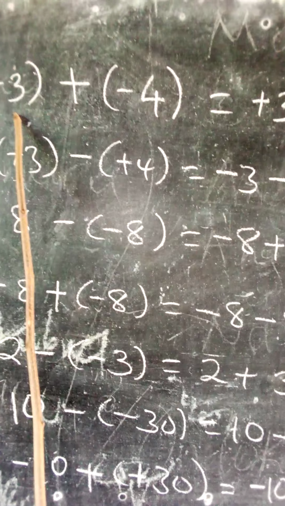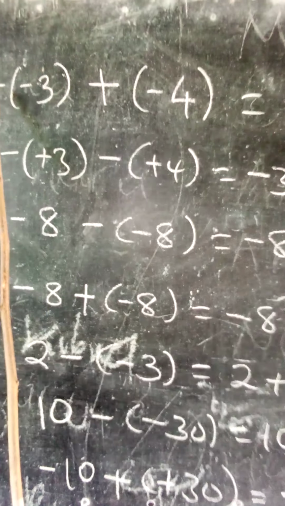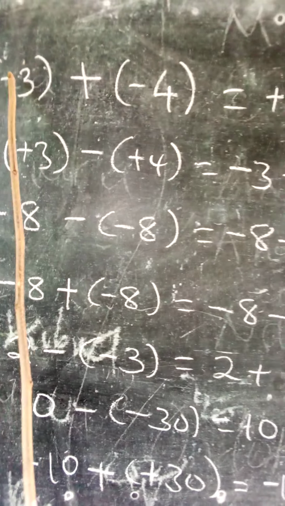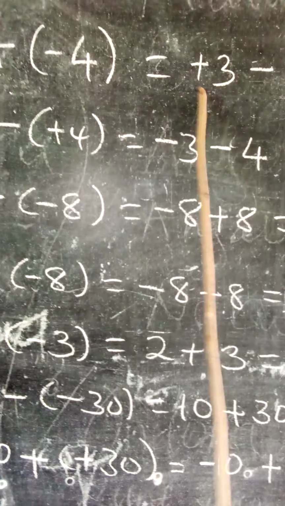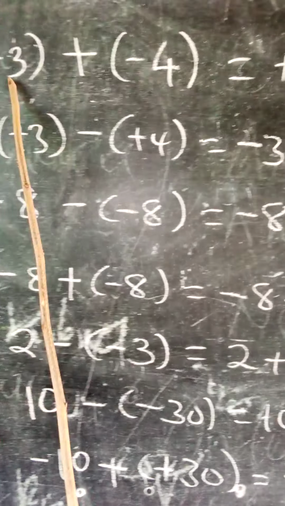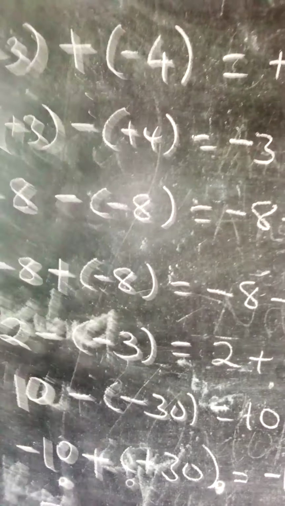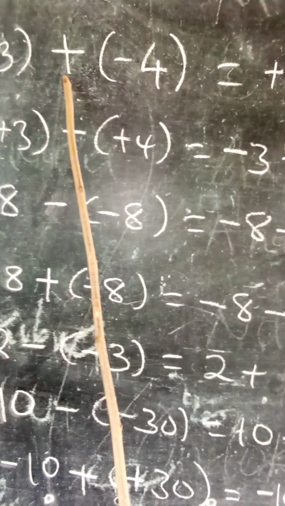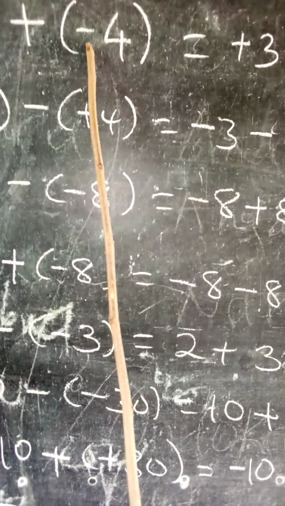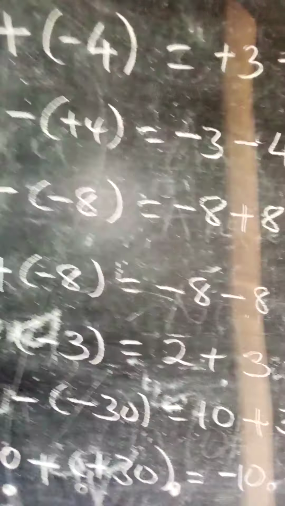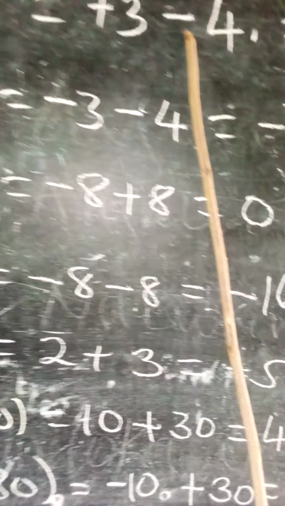So the first step I have taken, we multiply that negative times negative, we have positive, so we have simplified it into a single sign. The same here, we have positive and negative, so we take positive times negative, the result is negative.